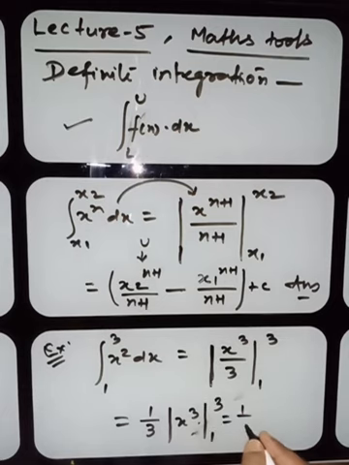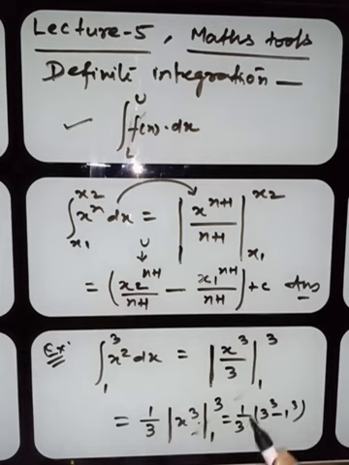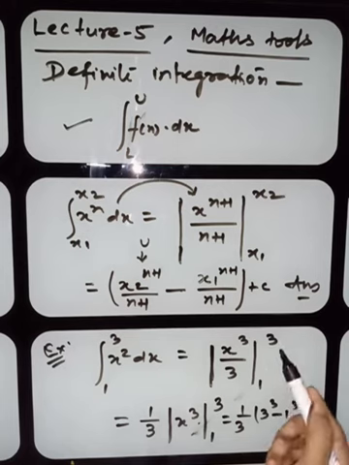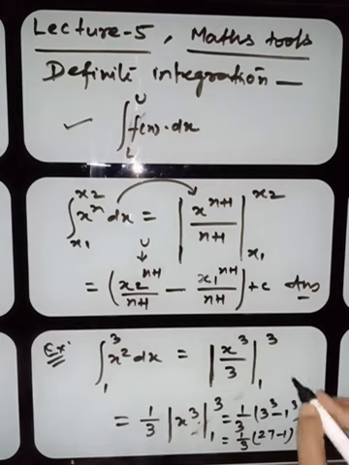Now the answer is 1 by 3 times 3 to the power 3 minus 1 to the power 3. You can see I have put the upper limit minus the lower limit. Remember, first put the upper limit and then the lower limit. So 1 by 3 times 27 minus 1, here 26 by 3 is the answer.